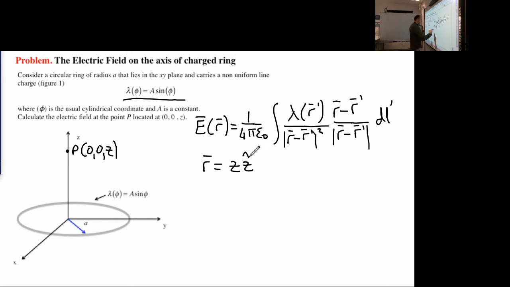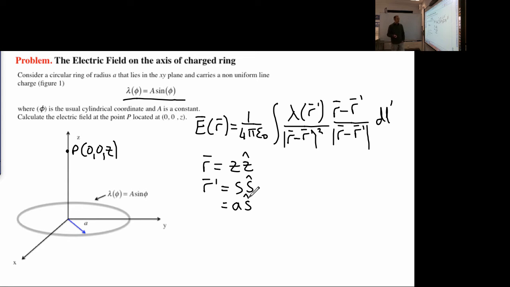For our source, R prime will be equal to S S hat, where S is equal to A. So we have A S hat, where A is just the radius of our ring.